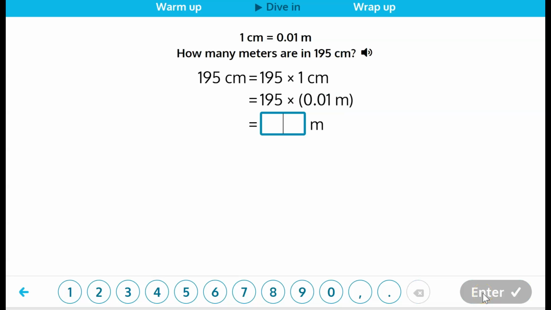And now we need to multiply. We do this the same way that we've done this before. 195 times 1. How many places are after the decimal point? 2. So I need 2 places after my decimal point in my answer. So my decimal goes here.